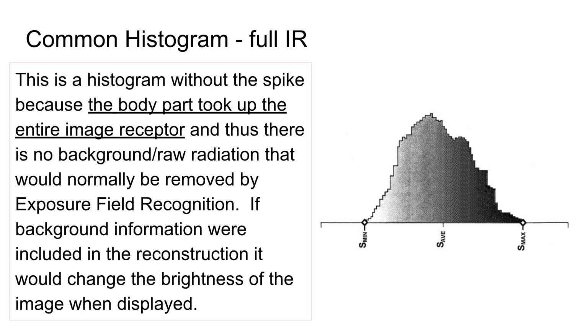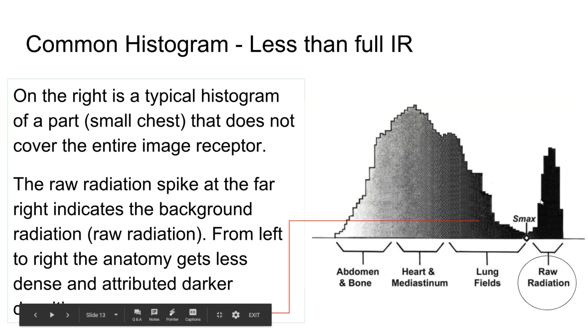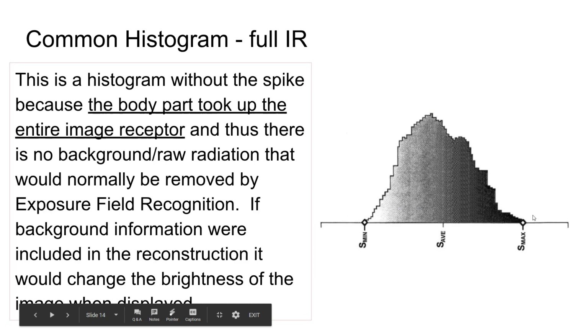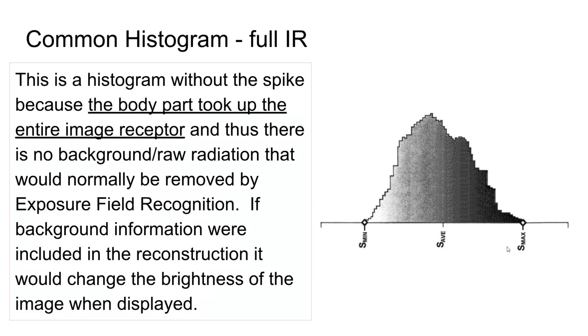And that radiation that normally would have been removed by exposure field recognition is not there to begin with. So notice how this, once it gets chopped off, essentially becomes this image here.